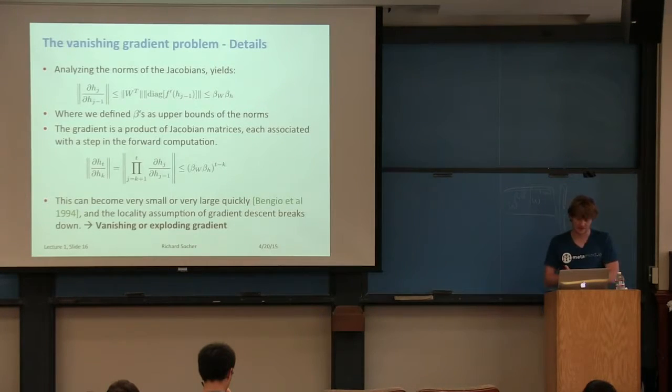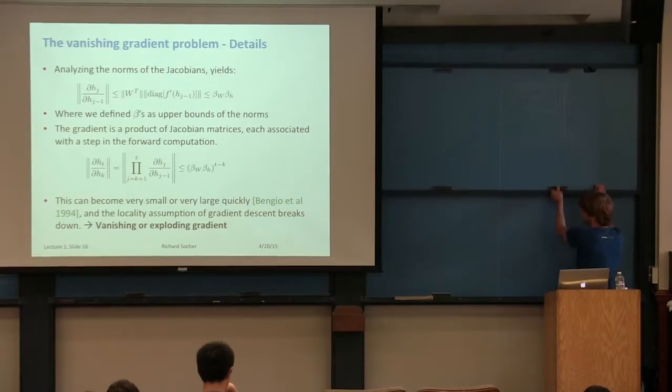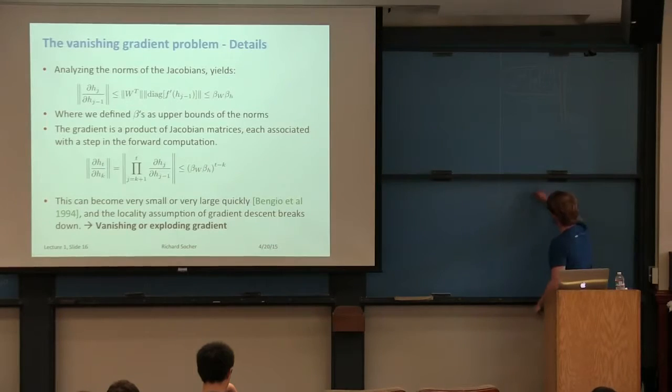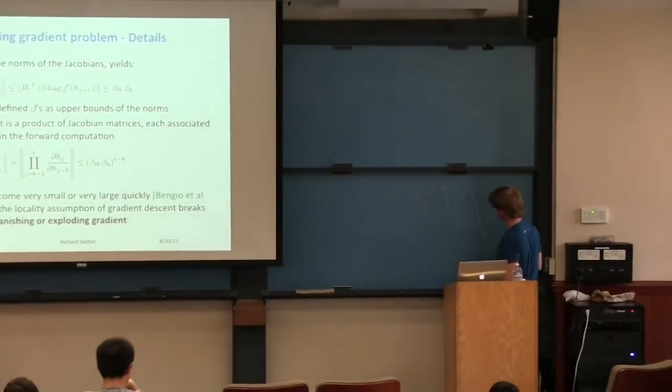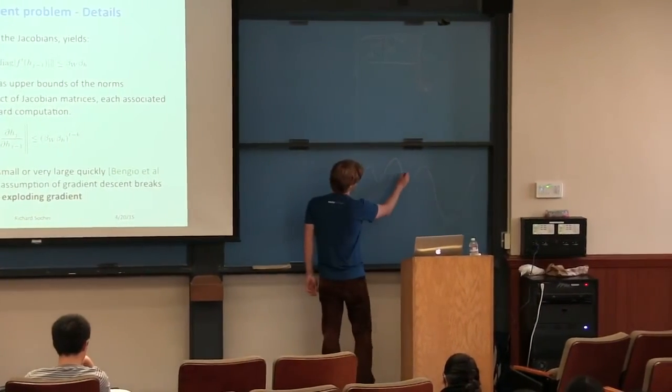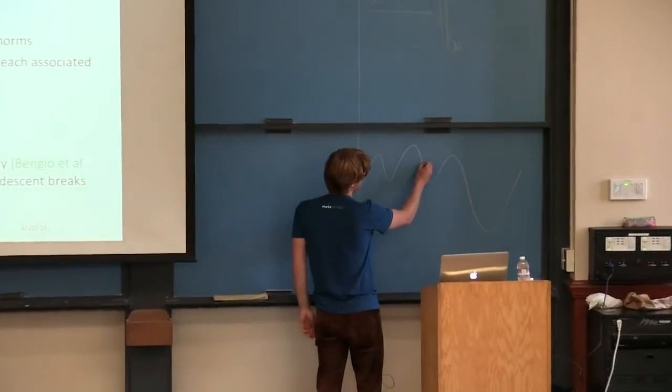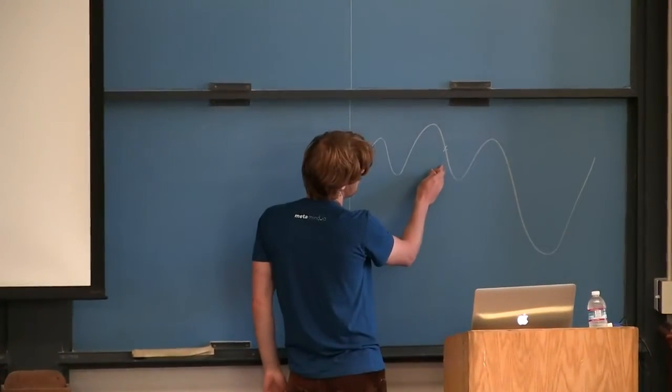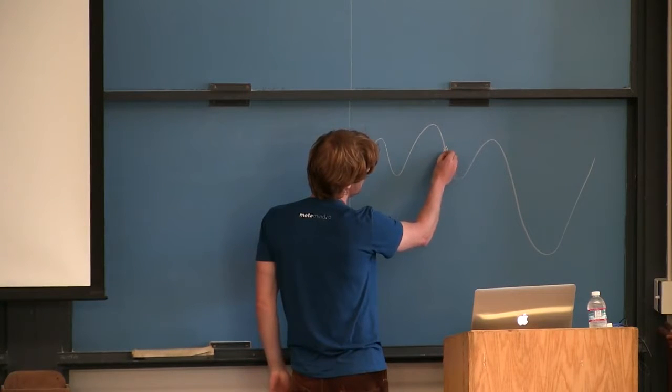And so that basically breaks the locality assumption that you make when you do gradient descent. So what do I mean by the locality assumption here? Generally, when we have some non-convex decisions and we make a gradient step, we assume that with one small step in the right direction, we would just minimize it.